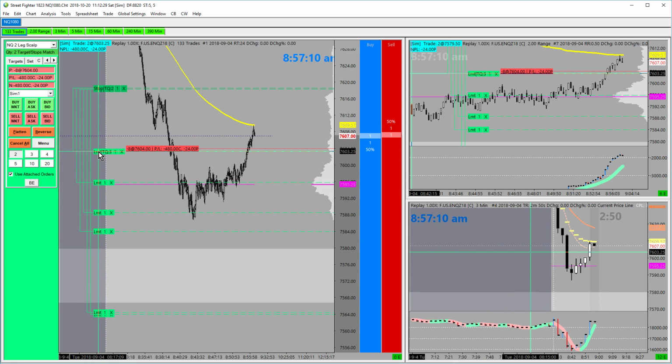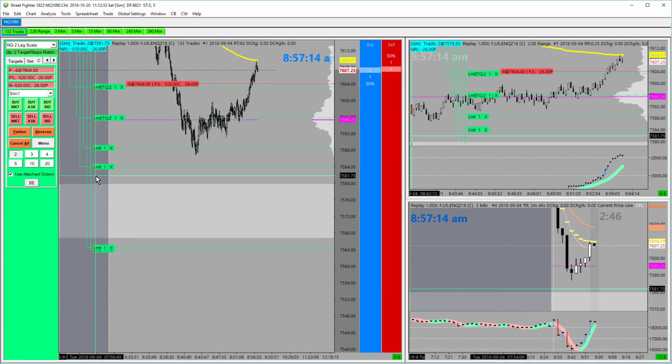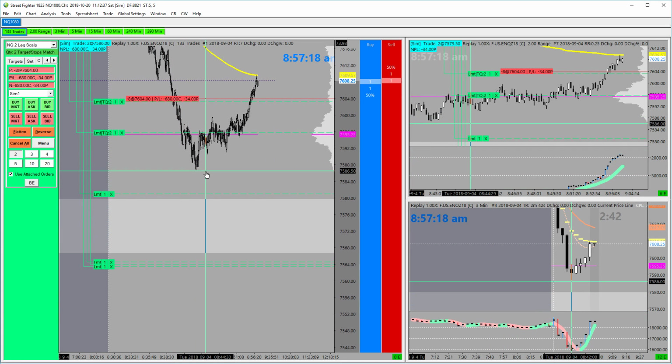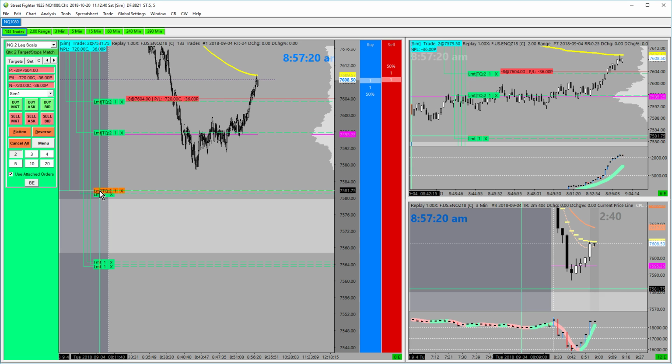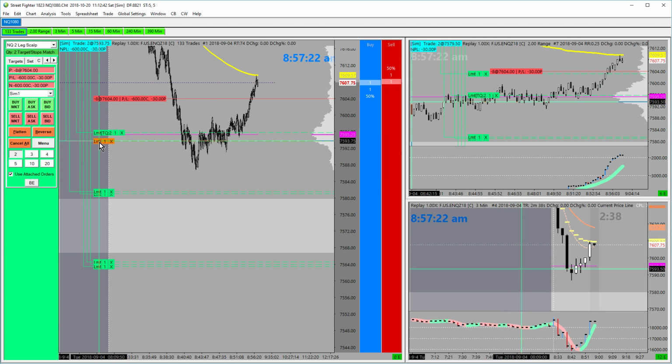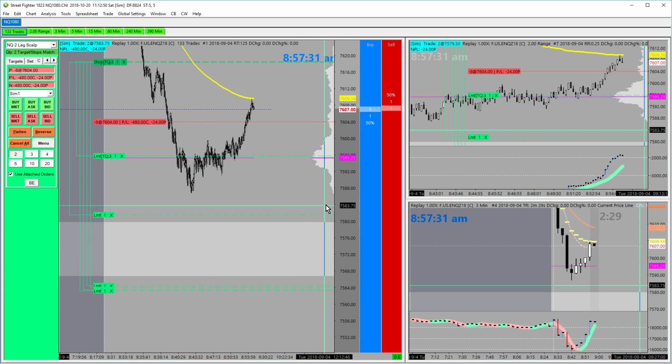Zilch. First target back to POC on this. Second target right above. Put 3 there. And then I'll reserve the other 5 for much lower.